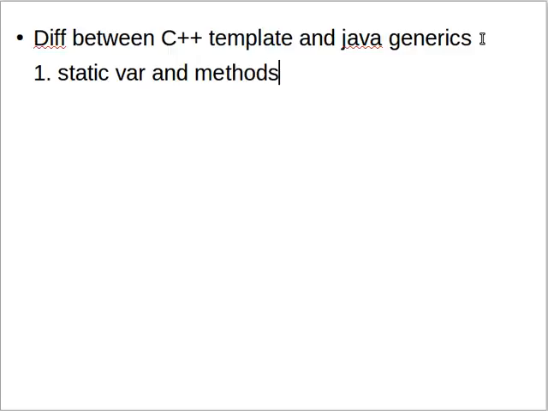A generic type cannot be used for static variables and methods in Java, and this is because the class will have a single instance of the static variable or method, even if it's using different generic types.